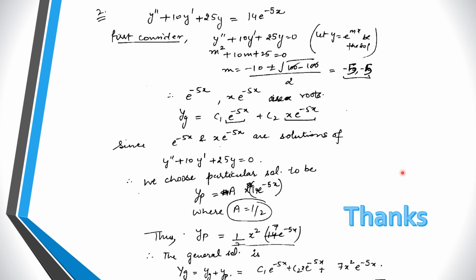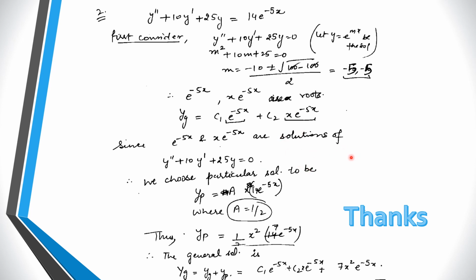So it means you cannot find out the value of capital A again. And this is because x into e to the power minus 5x is again a solution of this auxiliary equation.